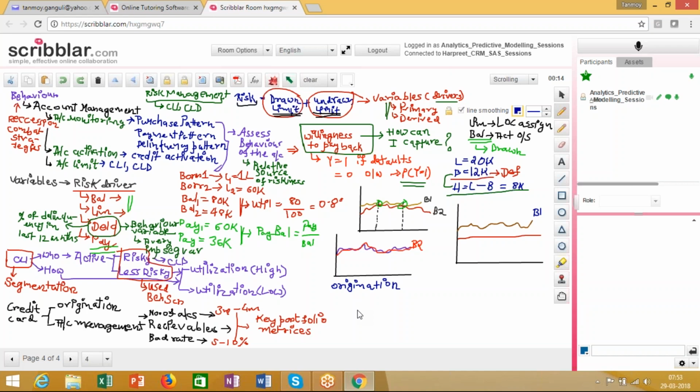Now, in origination, whenever we are trying to summarize the portfolio at origination, our objective is to understand how we can represent the portfolio of the origination on a month on month basis. How many borrowers are being acquired?